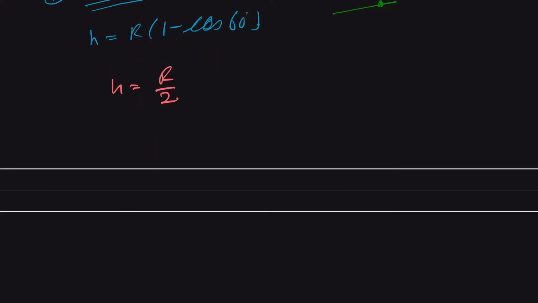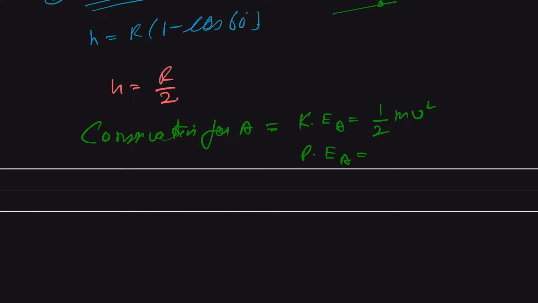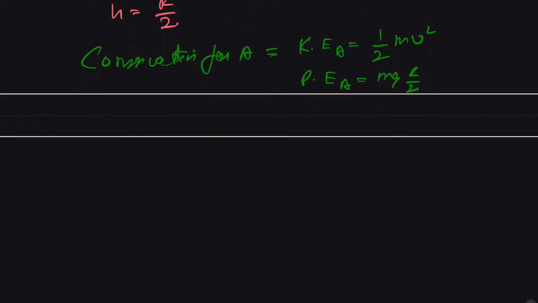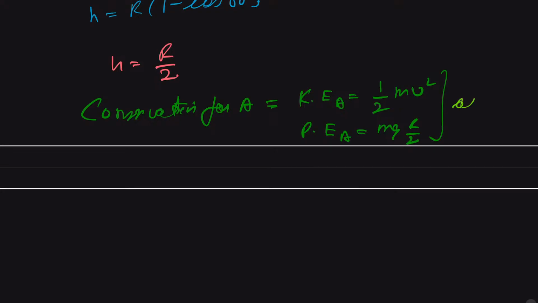We can use conservation of energy for our A. Kinetic energy of A will be half m u square, and potential energy of A will be mg R by 2, at 60 degrees.